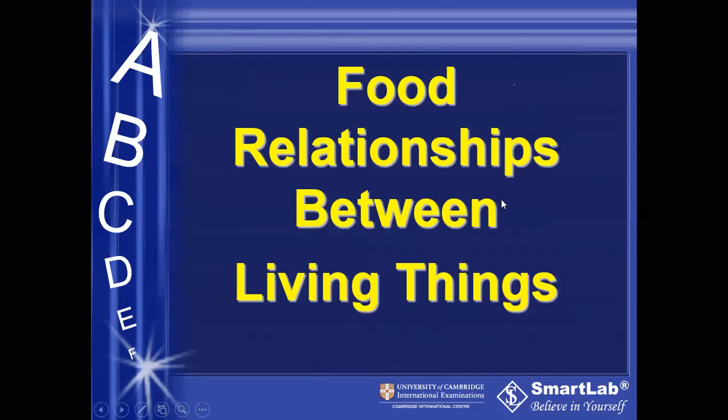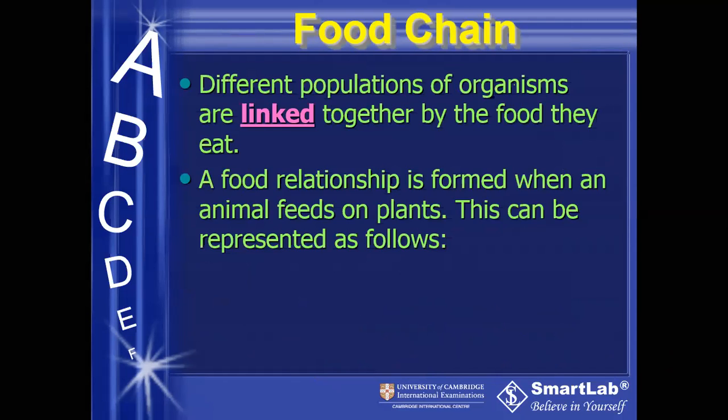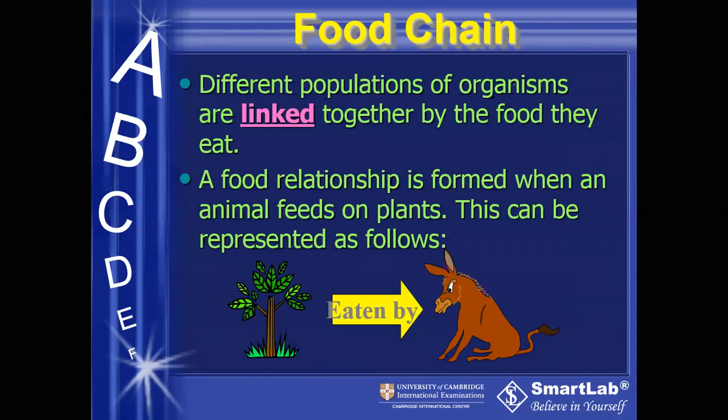Food relationship between living things. Different populations of organisms are linked together by the food that they eat, and this food relationship can be represented by a food chain. Over here in this diagram, you can see that the plants are eaten up by the donkey.